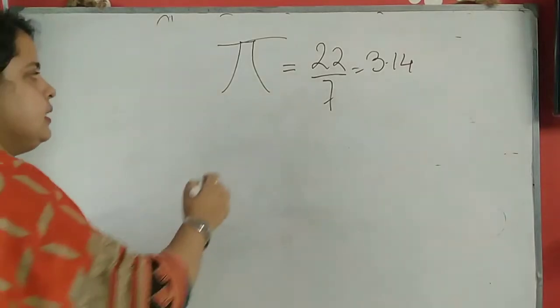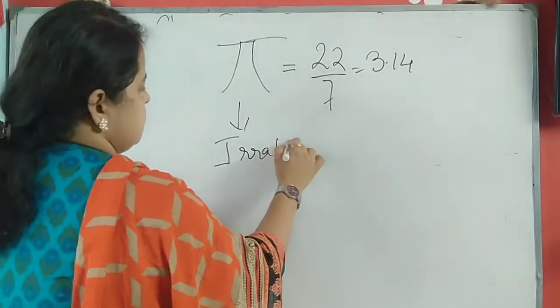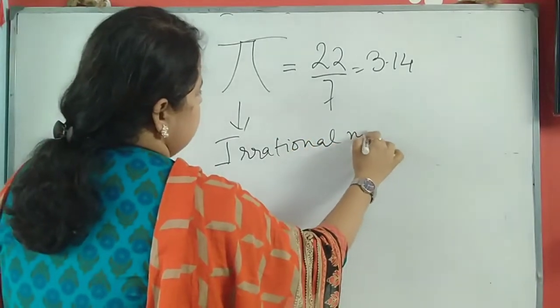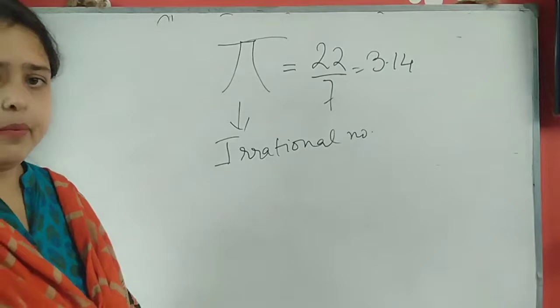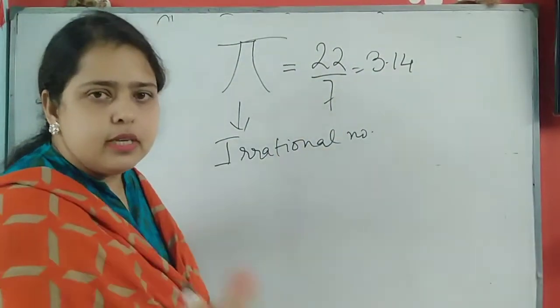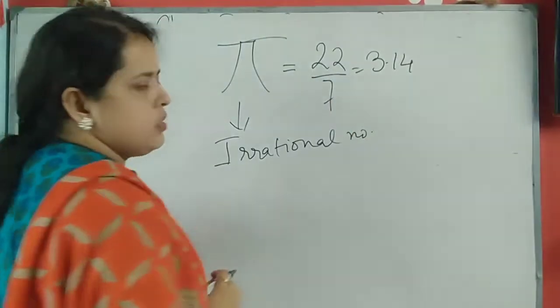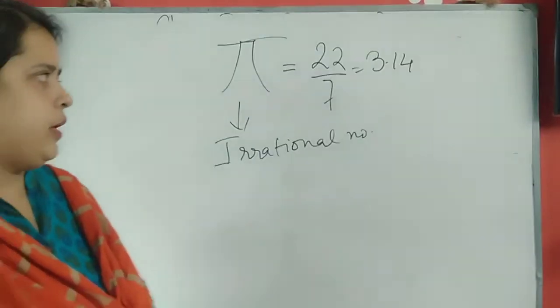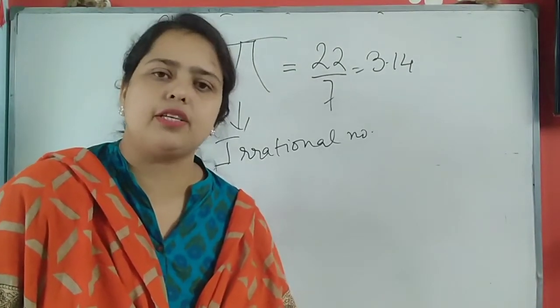But this is a purely irrational number. This is also known to you. Now the question comes, if it is an irrational number, how am I writing it as 22 by 7, which is taking a rational format, and how am I going to finish this up to 3.14, which is again a decimal expansion of a rational number.